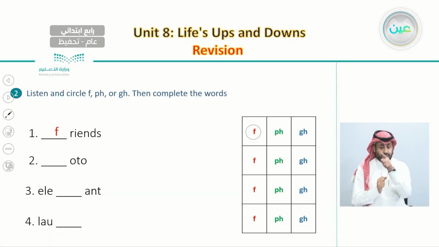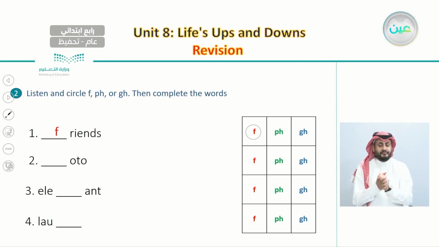We wrote the letter F here, and then we went on and circled the letter. And here in number 2, which one can you remember? What is the word of number 2?